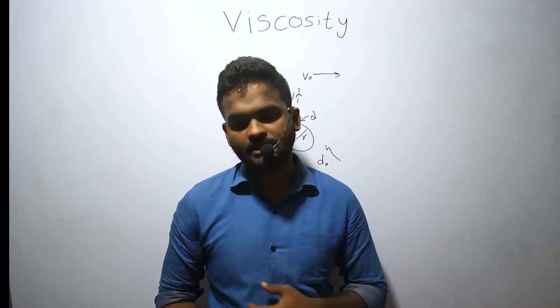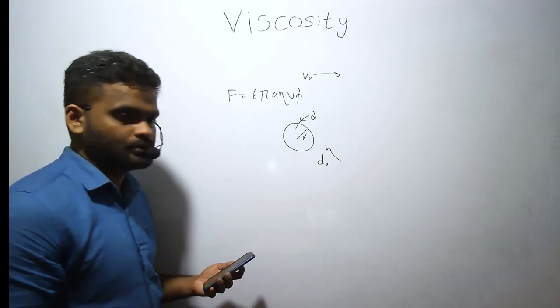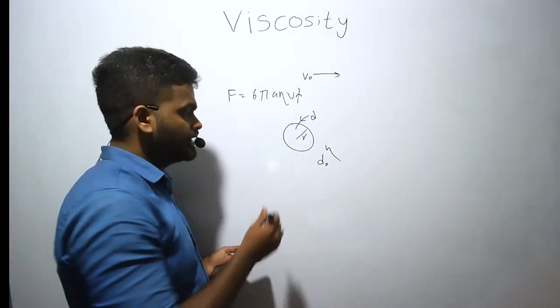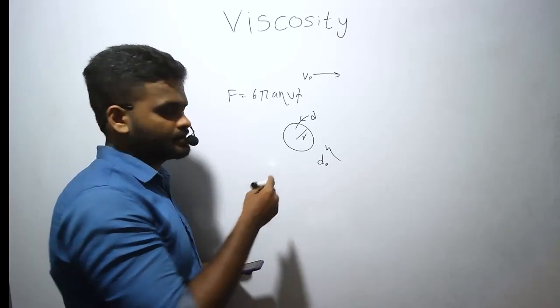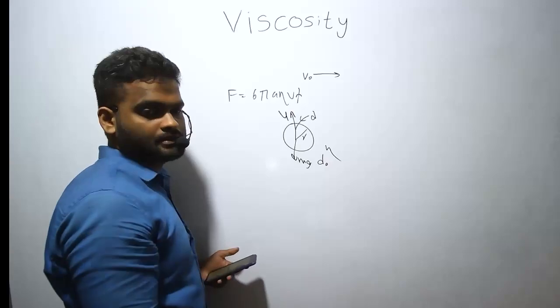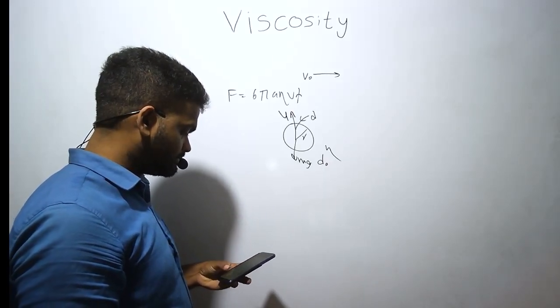Maximum acceleration means, okay, I'll just do that. Initially we don't have a velocity, right? If we don't have a velocity, we don't have a viscous force. So this only has mg and upthrust. These are the only two we have.